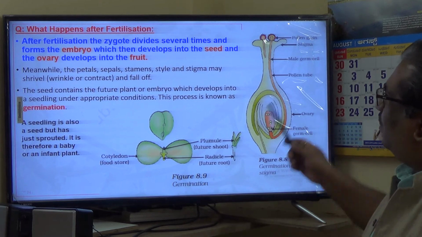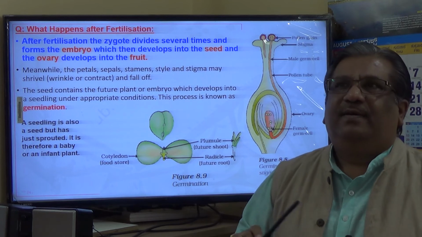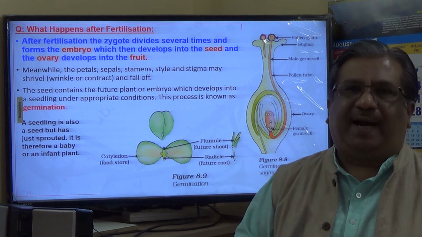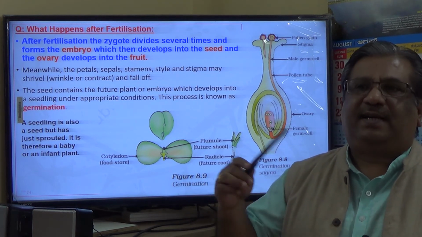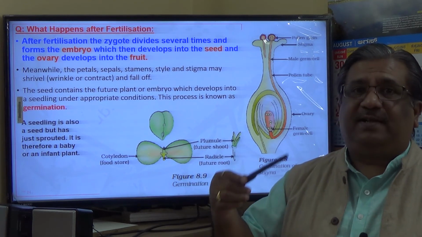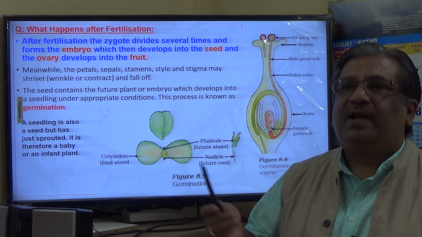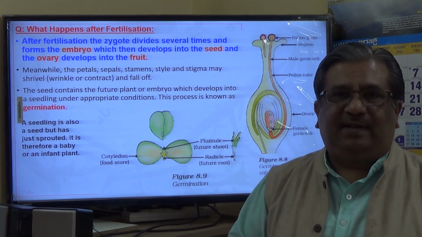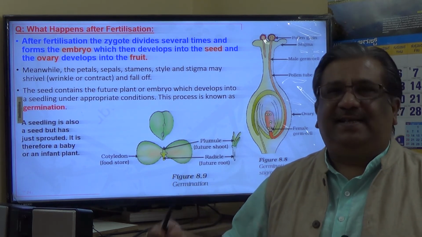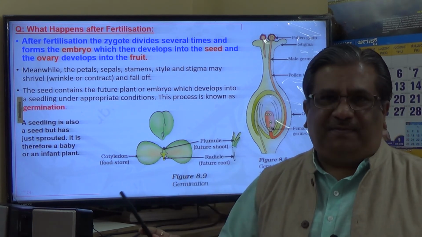Okay, so we have understood the process of sexual reproduction in plants, right from transfer of pollen grains, that is pollination. We understood the parts of the flower, that is male and female reproductive parts, then pollination, then fertilization. Once the zygote is formed, post fertilization, what are the results? All these sepals, petals, etc. will wilt off.